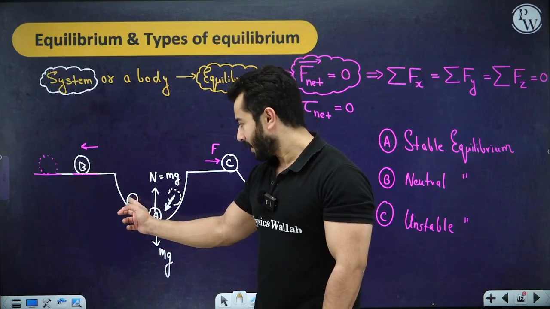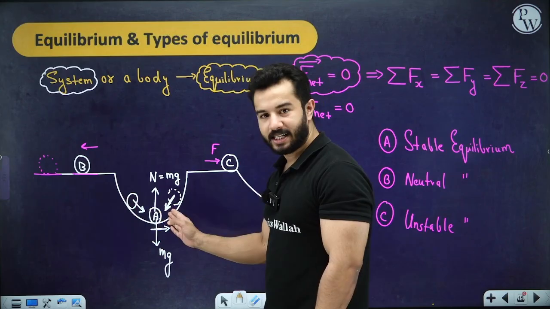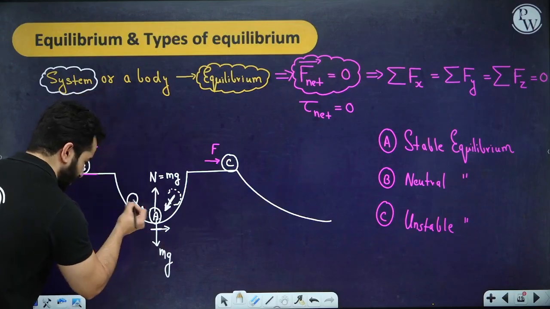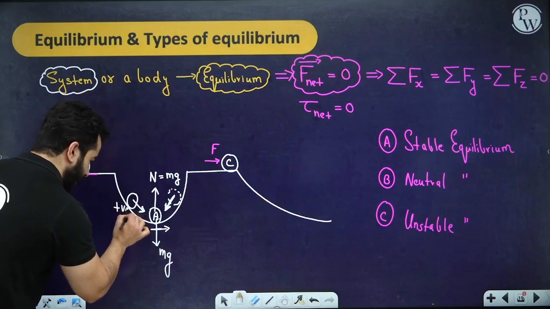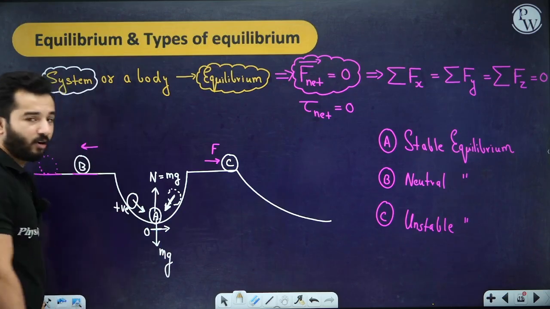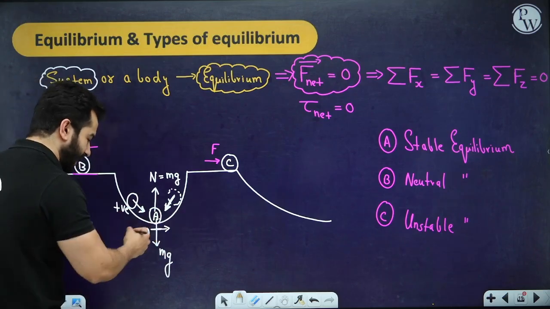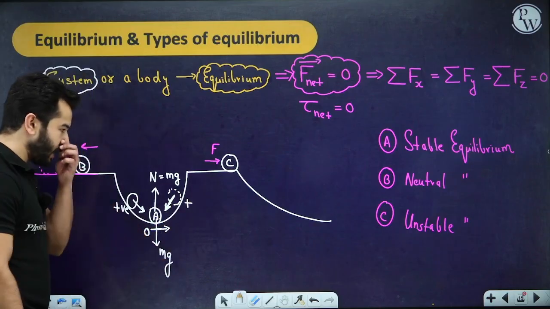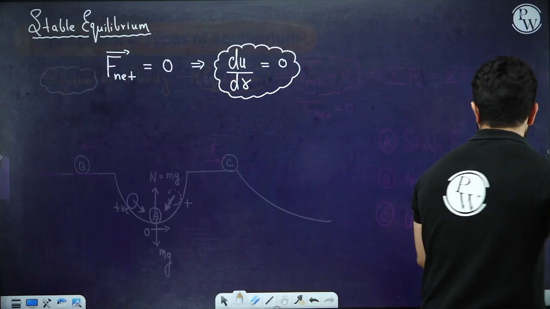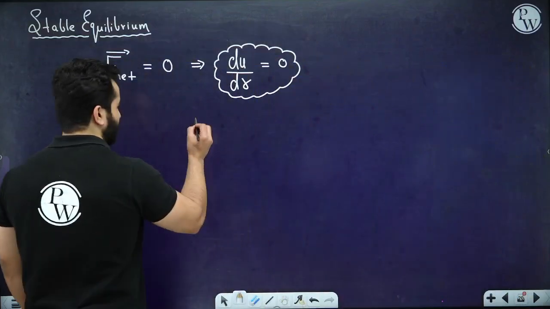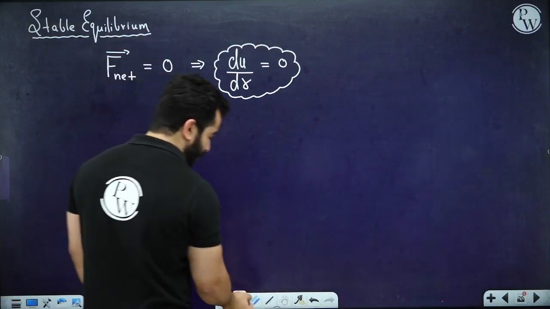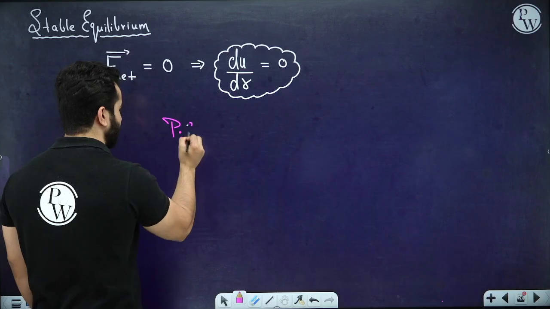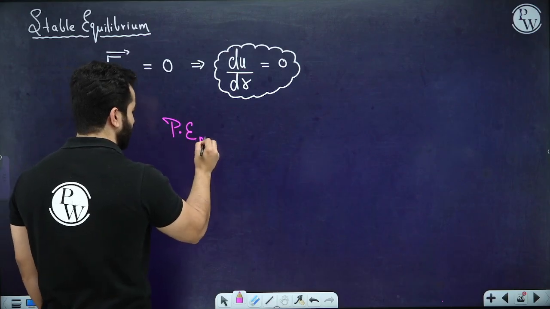From here till here, x is increasing, and the gravitational potential energy here is positive. It decreases, it becomes 0. And then if again I increase the x, again it becomes positive, right? So the important thing is that the potential energy in stable equilibrium is minimum.